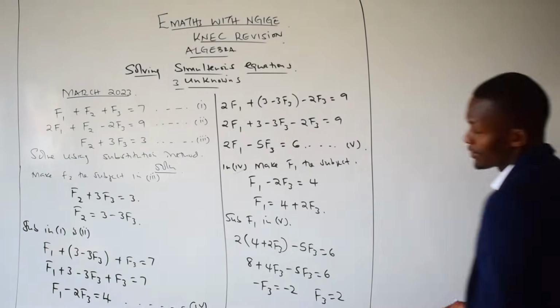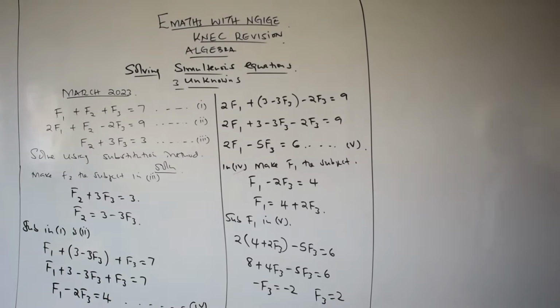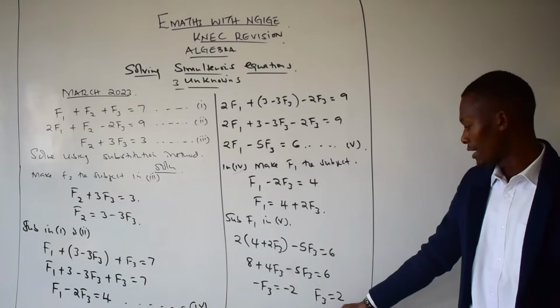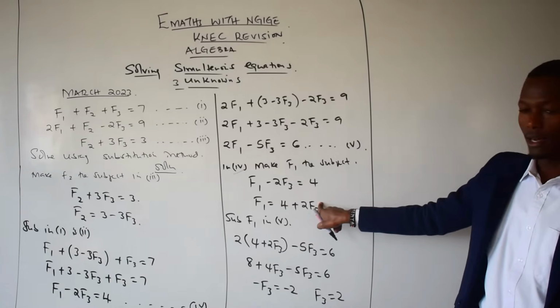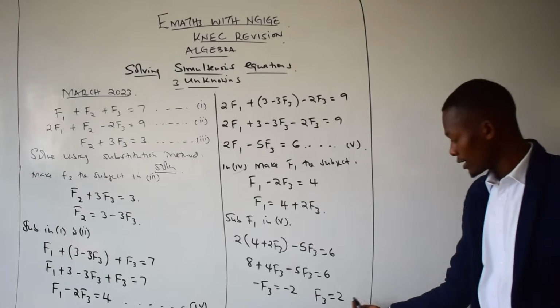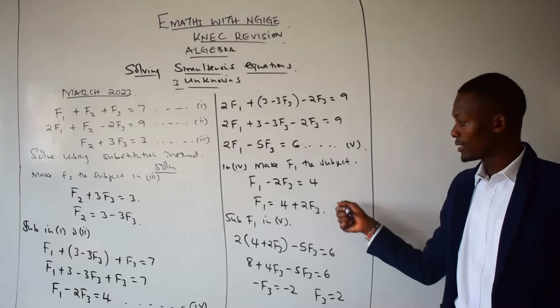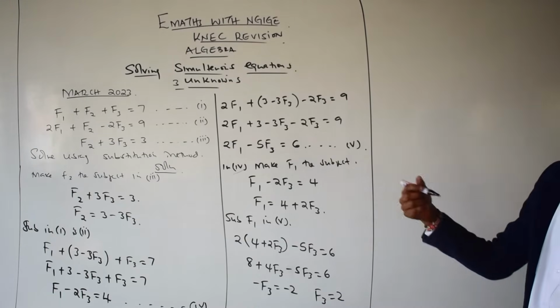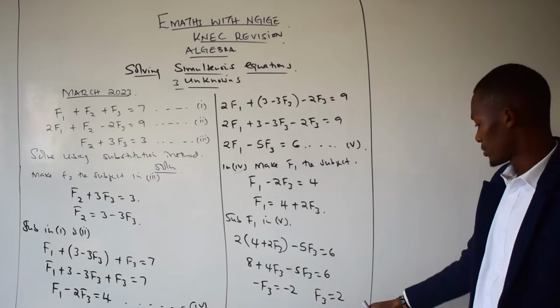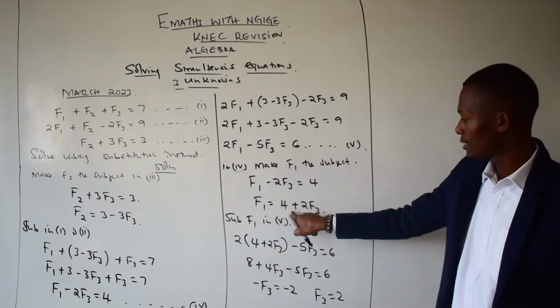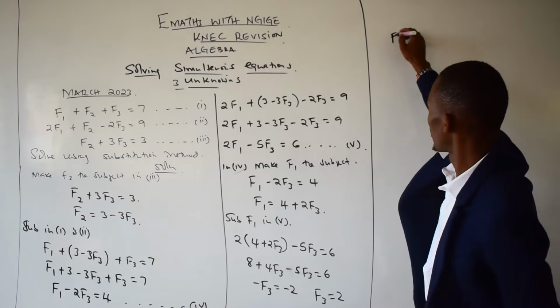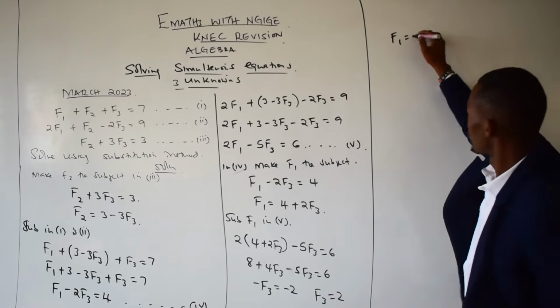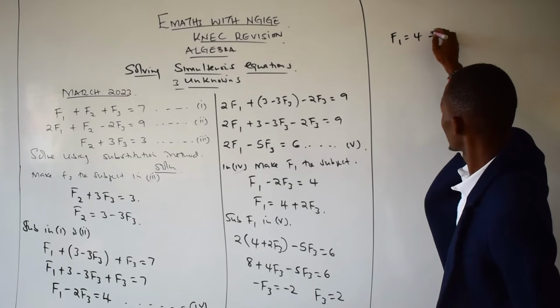Now, since you already have the value of f3, you can get all the other values. So we know if your f3 is 2, you can come here. You start from the answer that you have gotten and replace in the consecutive equations that you've been getting to find the other values. So you have f3, now replacing it here, you shall have f1 is given by 4 plus 2.